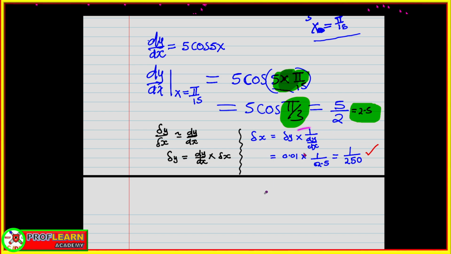So once you have gotten that, you substitute small change in y, which is 0.01, and dy/dx, which we have already gotten here. If you just simplify that, we are going to get your answer being equal to 1 over 50.